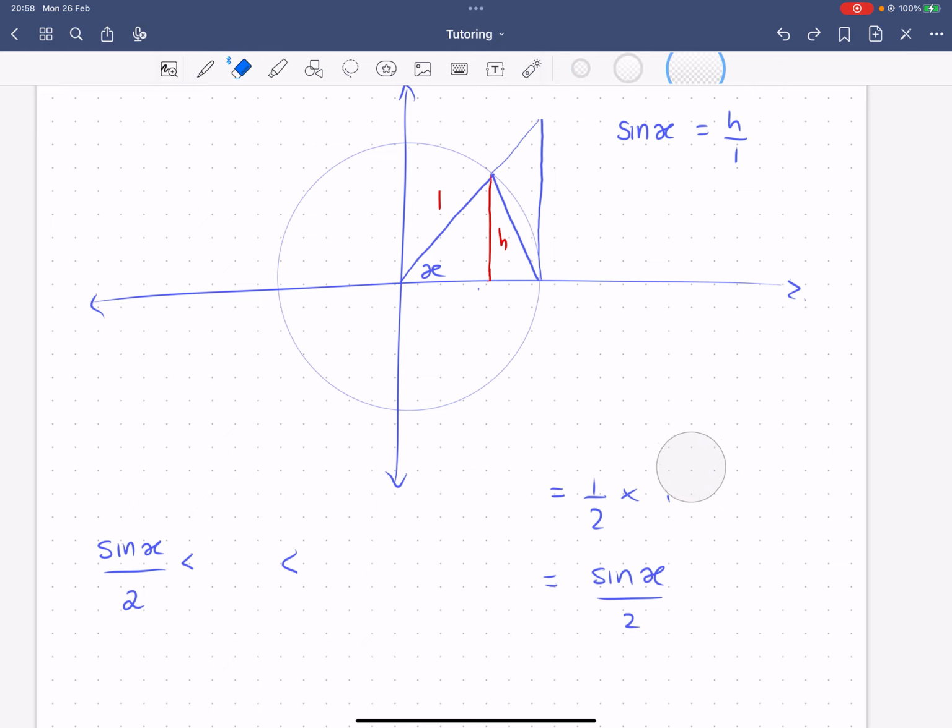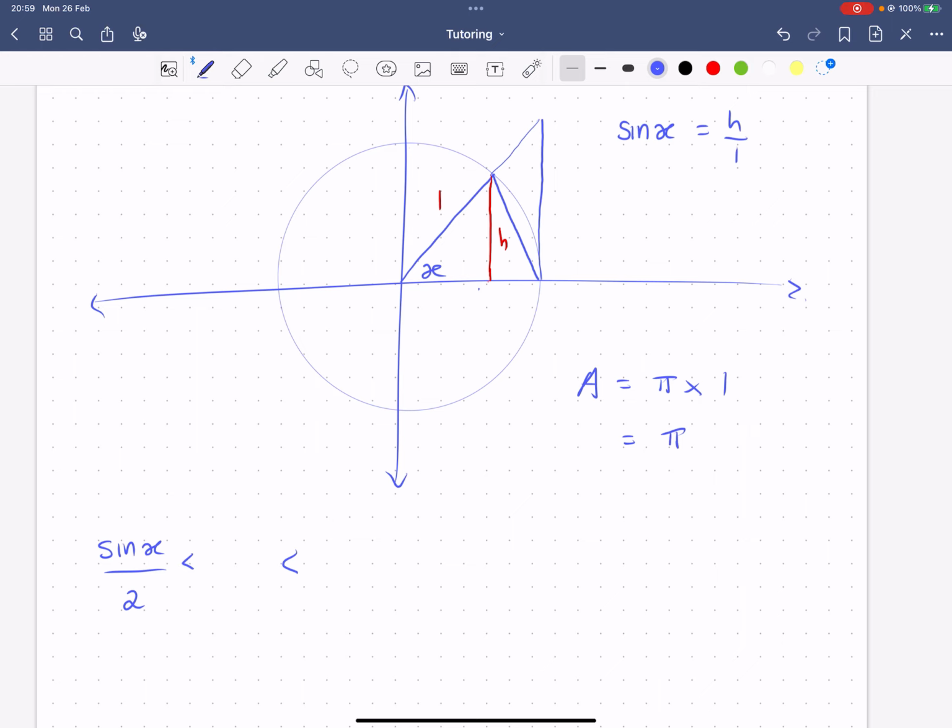Let's find the area of the sector now. We know that the area of a circle is pi r squared, and the radius of this circle is 1, so the area of this circle is pi. However, we've only got x radians worth of this circle.